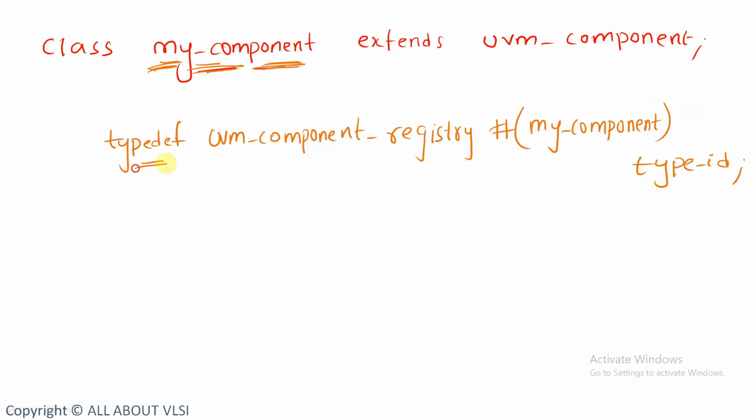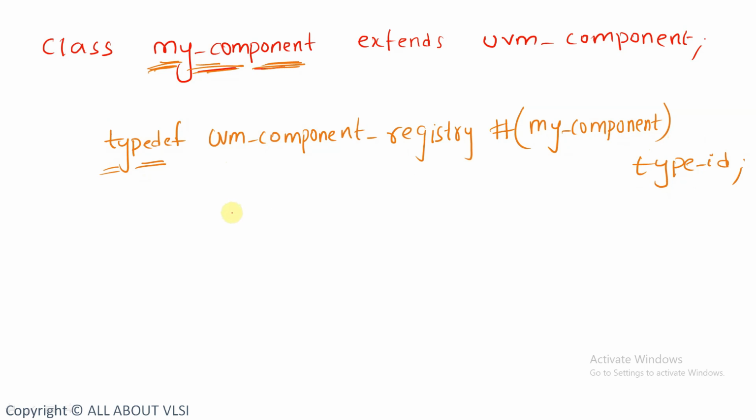I hope you already know what typedef means; if you don't, please refer to the SystemVerilog playlist. I'm creating a new data type using typedef uvm_component_registry#(my_component) type_id. If I use this, I don't need to write everything again and again. I can simply use type_id instead of uvm_component_registry#(my_component).